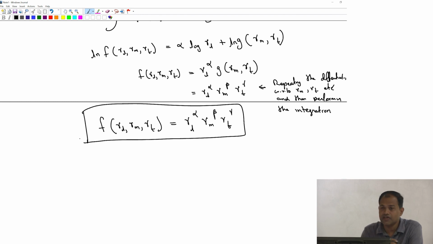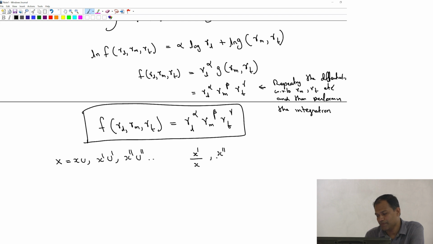Reduction ratios are the ones which you will use when you are changing from one system of units to another system of units. We started by saying that we are going to look at a quantity x, which we will write either as x u or x prime u prime or x double prime u double prime and so on, and we said we are looking at quantities like x prime by x, x double prime by x and so on.